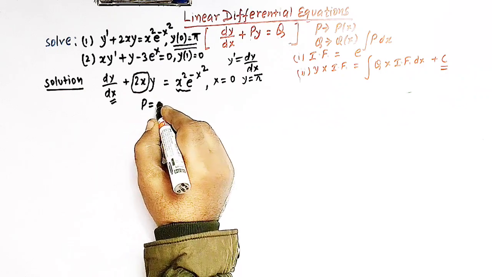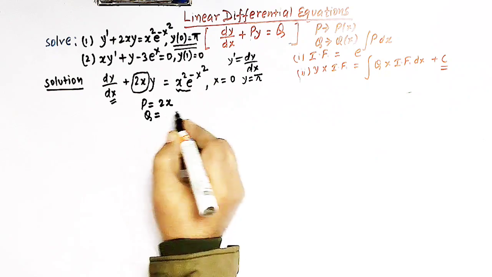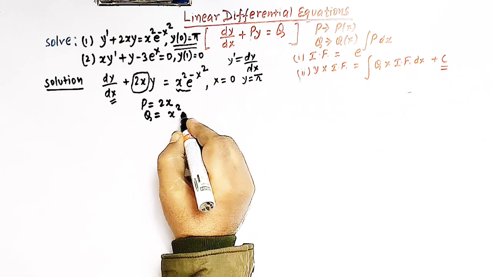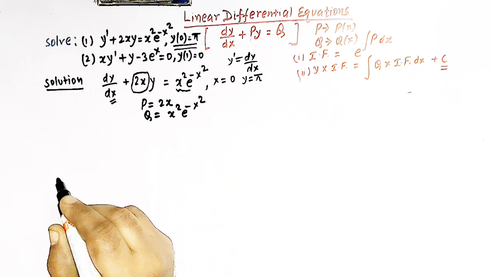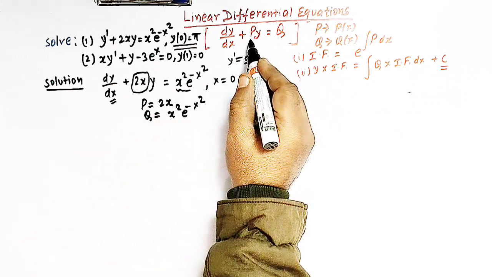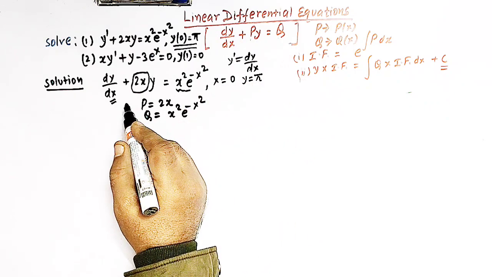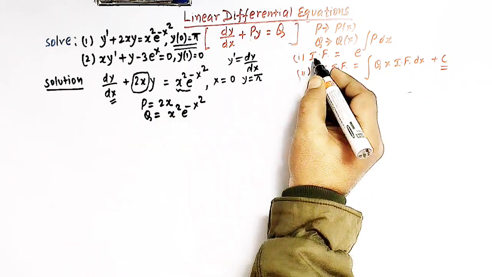So p is 2x, which is a function of x, and q is given by x square e raised to minus x square, which is also a function of x. So we can now claim that this equation is of this type, that is, it is a linear differential equation, right? So let us first find out the integrating factor.